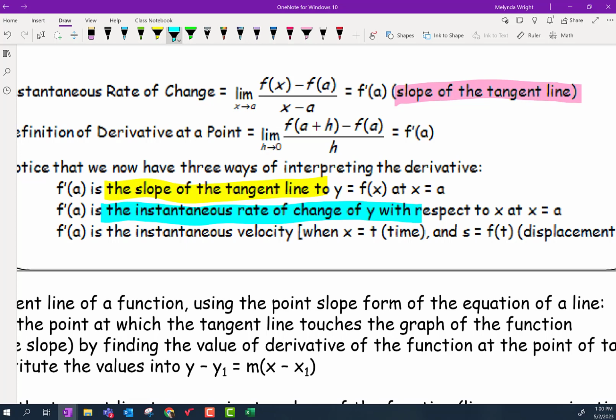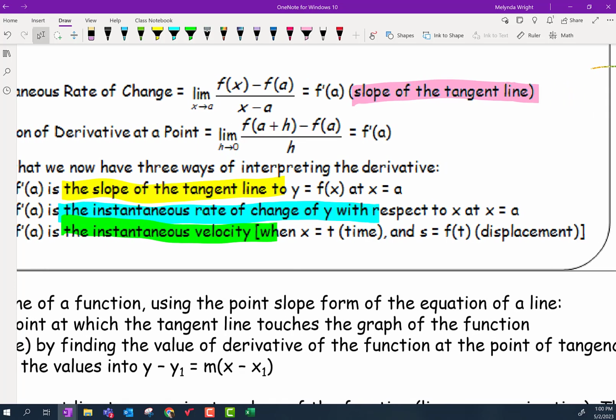So if I had the equation for, let's say, the position equation that would describe movement, and I wanted to know what the rate of change was, for example, say you're running, you have a certain equation that describes your running pattern, you could actually find the instantaneous rate of change, or another way to think about it is instantaneous velocity, by using the derivative. So those are some ways that we will use the derivative. That's the usefulness of it.